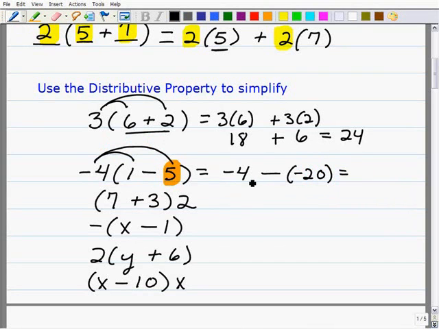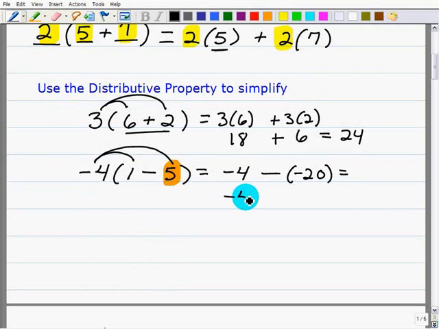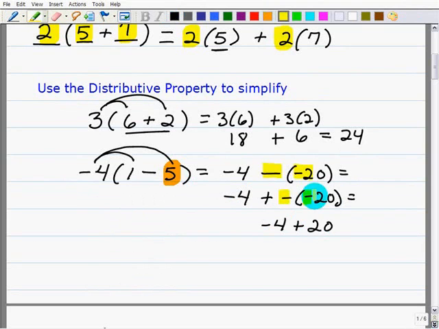So here, let's give ourselves some more room. This would be negative 4 plus the negative of a negative 20, which would be negative 4 plus 20. So you have to go through a couple different steps here to figure this negative stuff out.